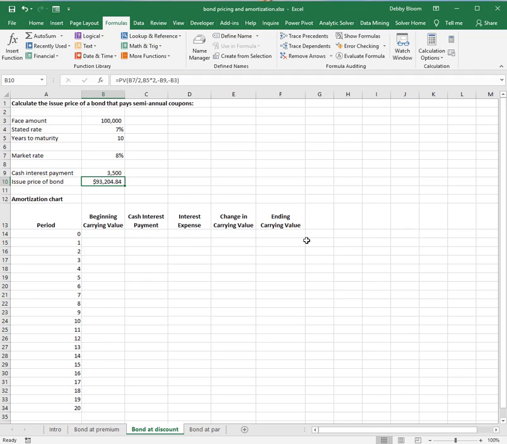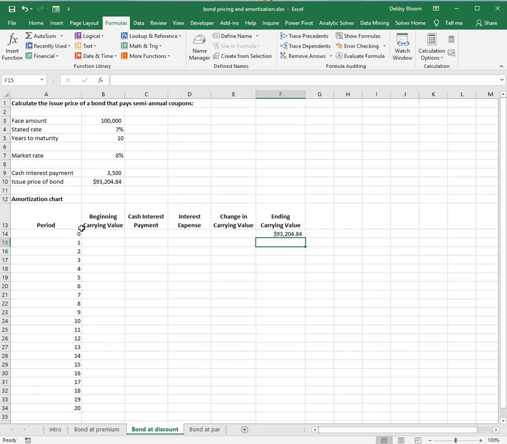So we click OK to accept this, and then we're going to amortize the bond the exact same way that we did before. So we're going to click in cell F14 to calculate that ending carrying value, which for period 0 is going to be the issue price of the bond. So I'm going to type an equal sign and then click on cell B10 where I calculated the issue price of the bond. So my ending carrying value at period 0 is going to be the issue price of the bond.